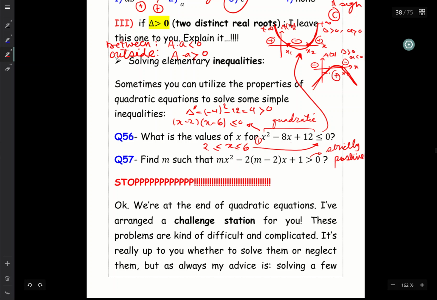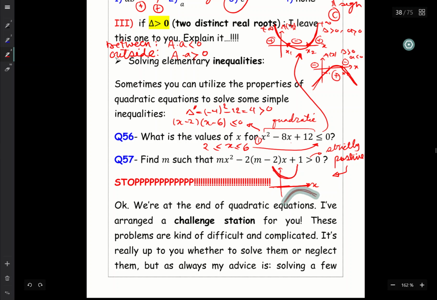Again, first, if we want a quadratic equation to be strictly positive, obviously one of the cases is that it should never have a real root, because we don't want it to cross the horizontal axis, right? It's either should be this one, always positive, or always negative.